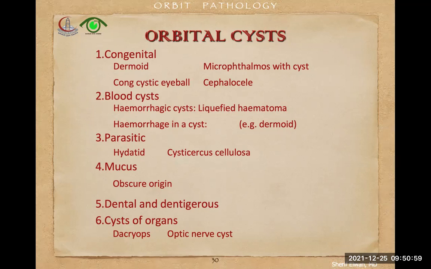And then we come to parasitic cysts, and the most well-known is the hydatid cyst, or the Cysticercus cellulosae cyst. Of course, hydatid cyst is caused by the scolex of the Echinococcus granulosus parasite.